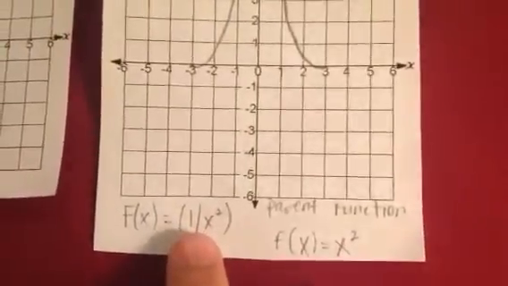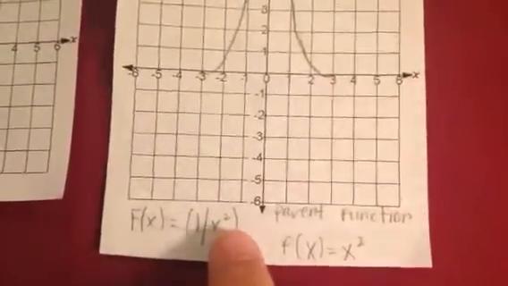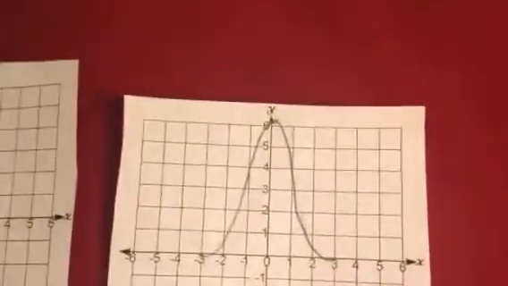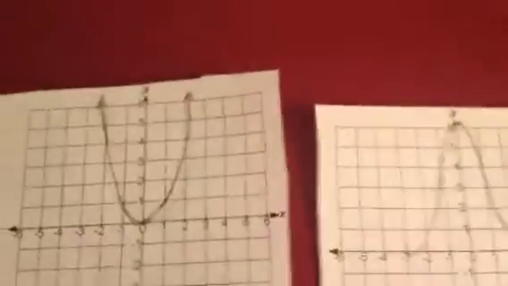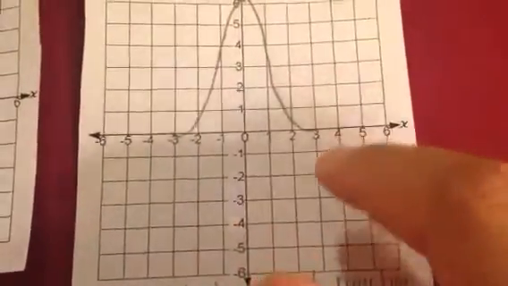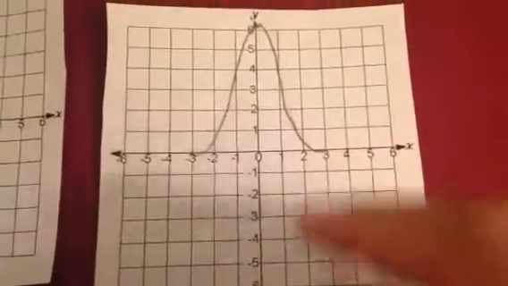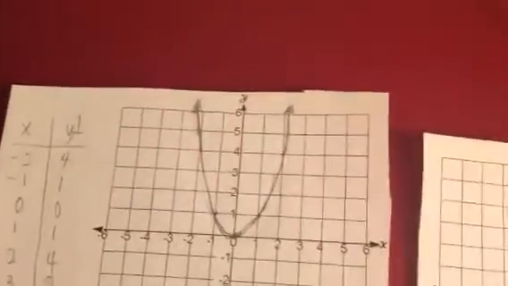This is 1 divided by x to the second power. So it makes the graph very, very steep. And not only that, it's going the other way around. Let's say this is right side up, and this is upside down. Okay, cool. On to the next one.